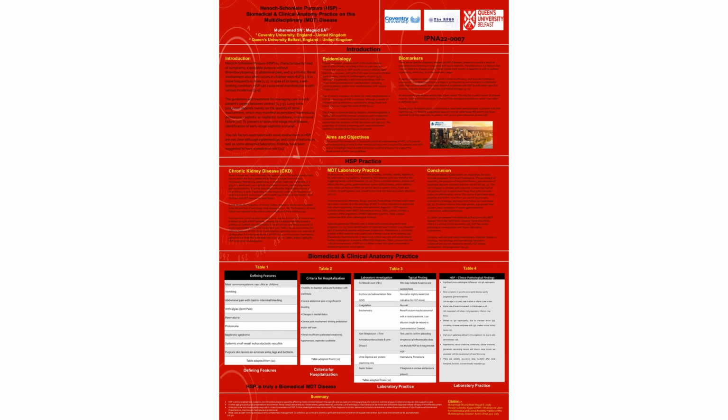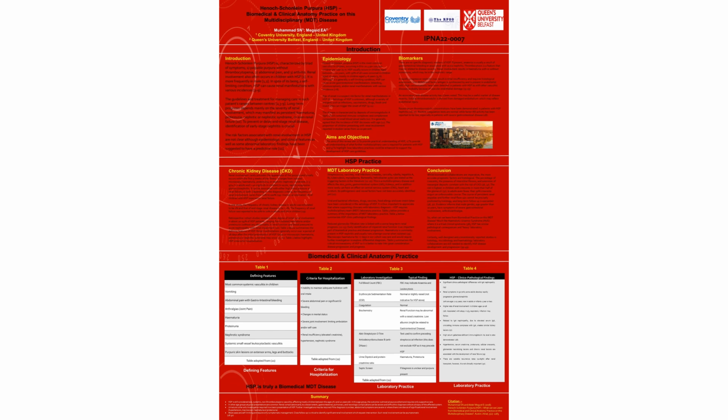So Henoch-Schönlein Purpura is characterized by a triad, or three main symptoms. Number one is palpable purpura without thrombocytopenia.